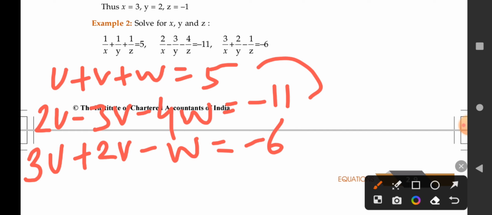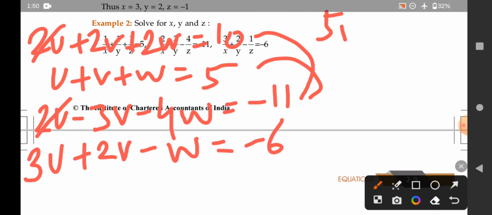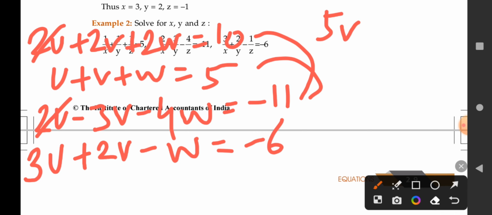If I multiply 2 and subtract, so you get 2u plus 2v plus 2w is equals to 10, and subtract these two. Now you get this get cancelled. 2v plus 3v is 5v, 2w plus 4w is plus 6w, and 10 plus 11 is 21.